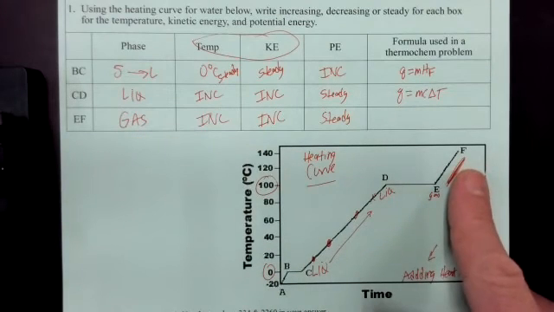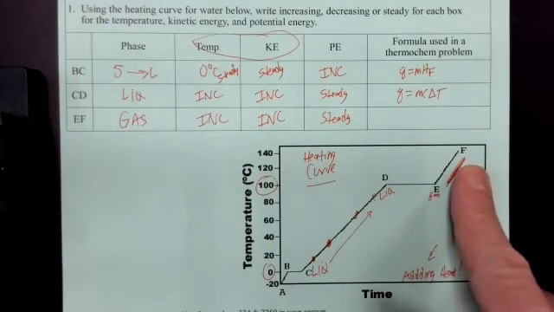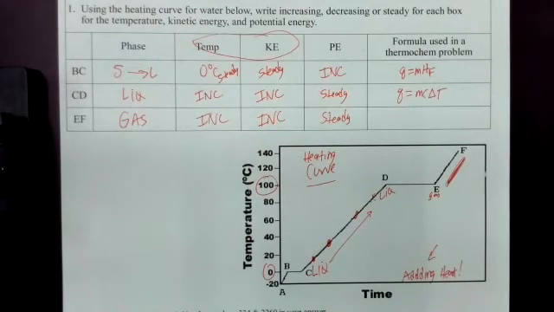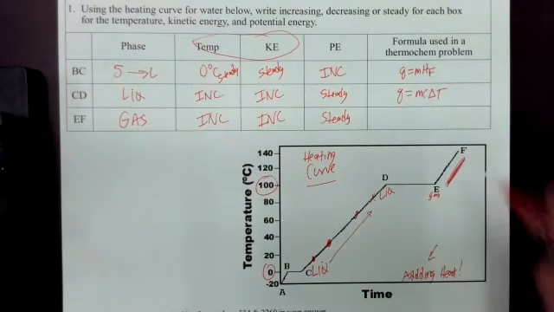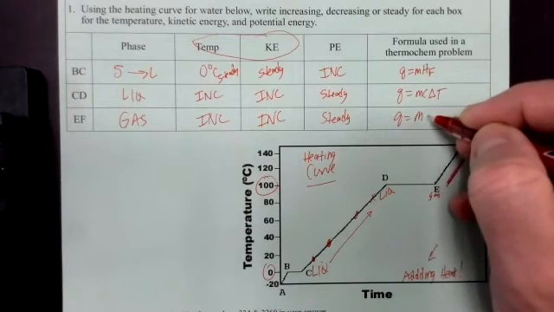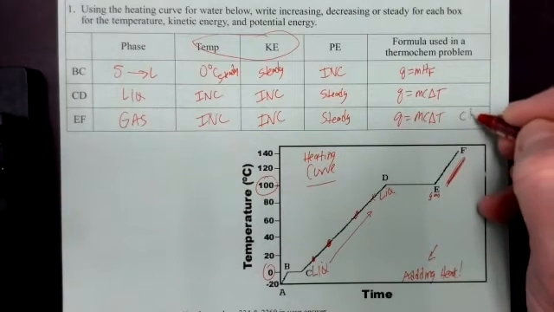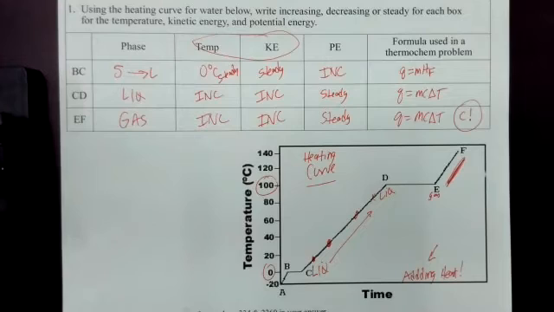Now, what formula are we going to use over here? This actually is a little bit strange. We're going to use Q equals mC delta T, but the C gets an exclamation point. The C value here is different for steam than it is for liquid water. It's still going to have a change in temperature from E to F, but it's not going to be 4.18 as a constant.